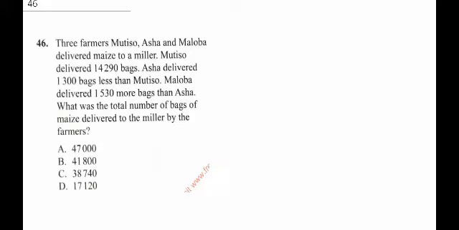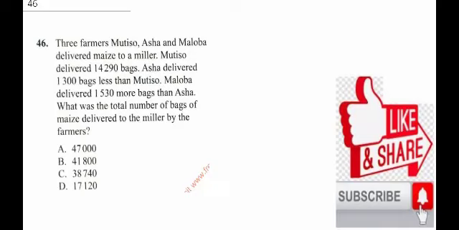Question 46 says three farmers, Mutiso, Asha and Maloba, delivered maize to a miller. Mutiso delivered 14,290 bags, Asha delivered 1,300 bags less than Mutiso, and Maloba delivered 1,530 more bags than Asha. What was the total number of bags of maize delivered to the miller by the farmers?